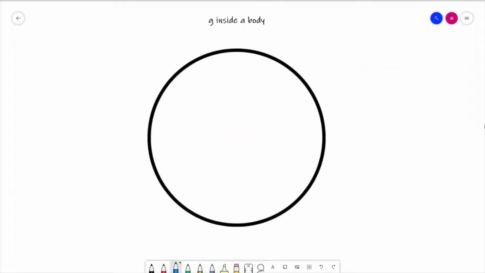Firstly, in this video, we're going to look at what happens to the gravitational field strength when we're inside a body, so inside a planet or inside a star.